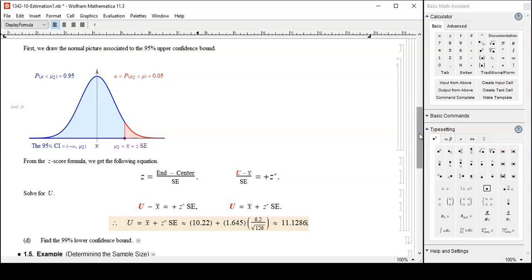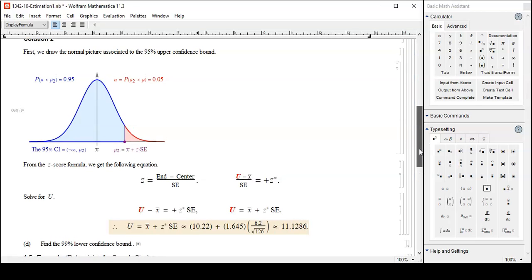Now, if you have a lower confidence bound, you'll have to do something similar, but this time you're going to get this value as negative because I have something on the left-hand side. So typically we have x bar minus z times SE, so that you go to the left, and x bar minus a certain z-score times SE, and you're going to get the appropriate value.